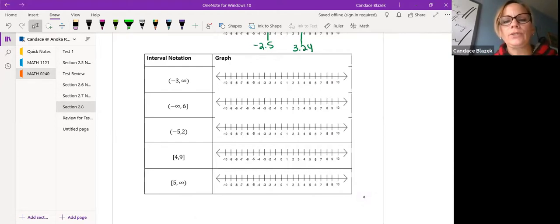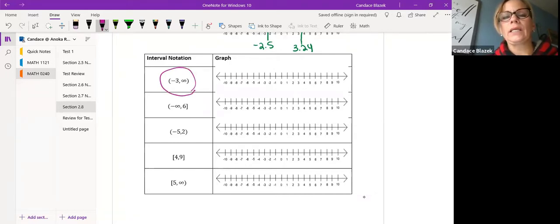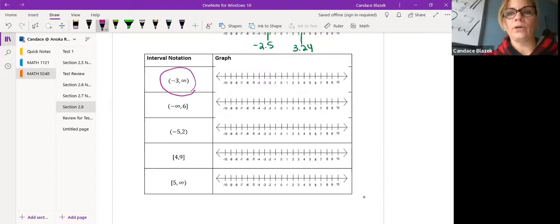What I would like to do is write the interval notation, graph what it means on the number line, and then write the inequality that it would mean. So we're going to put those 3 bits of information together.